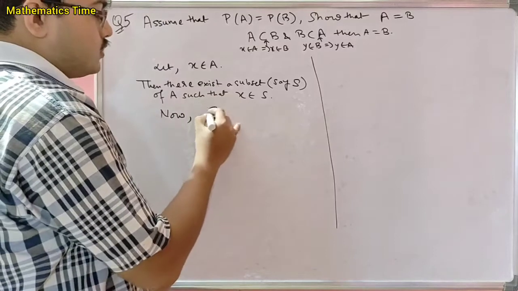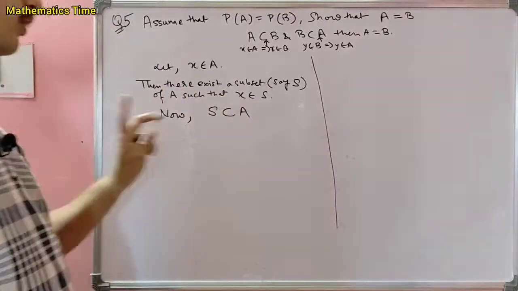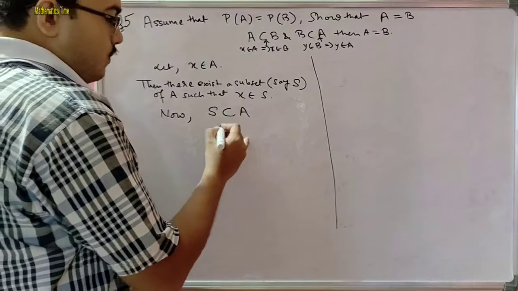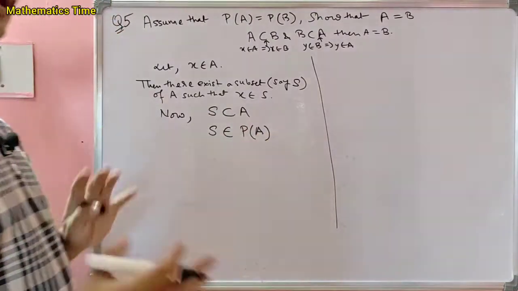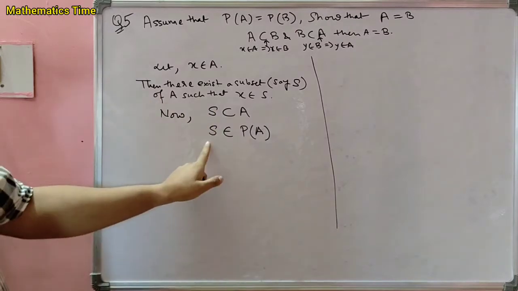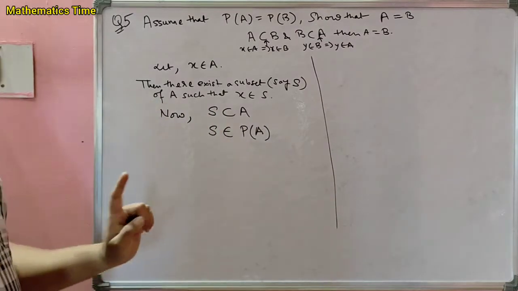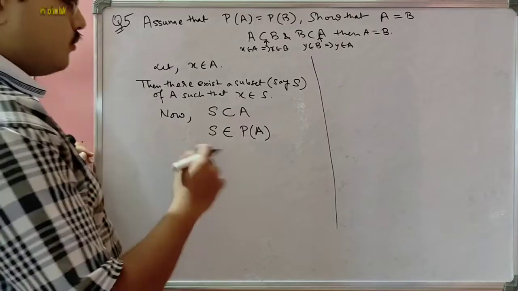We assume that S is subset of A. So S will belong to the power set of A. Why? Power set of A contains all the subsets of A, so definitely S is a member of power set of A.